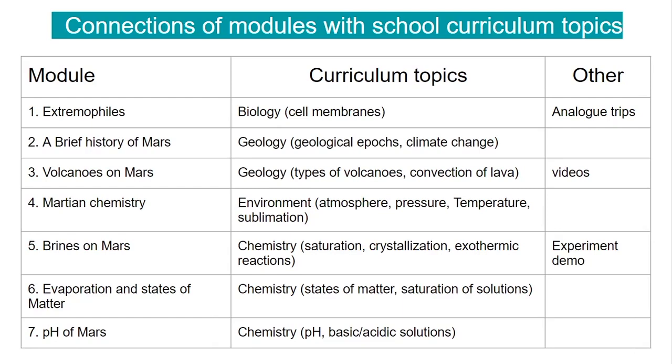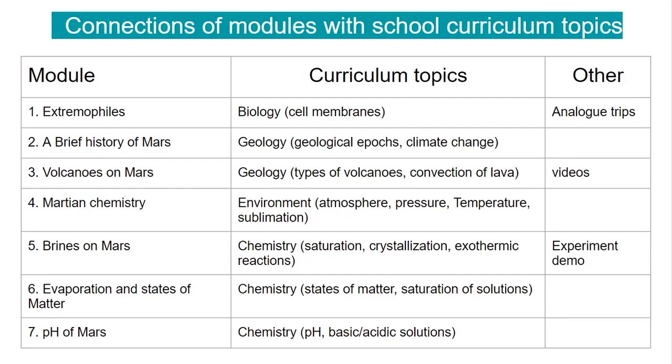This can relate very well with the introduction to certain aspects of biology, like cell membranes, because a lot of these extremophiles, we know them from Earth, and those on Earth can survive in very salty places, which are very common on Mars, or they can survive in very high temperatures, and also in low temperatures, which, as we said, is mostly the case on Mars. It is a cold planet today.